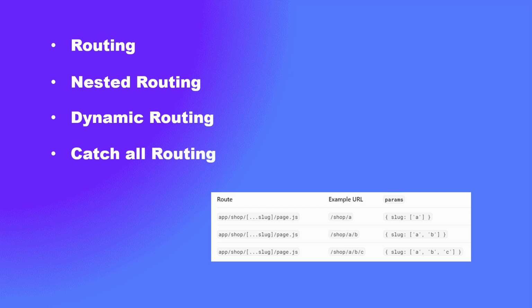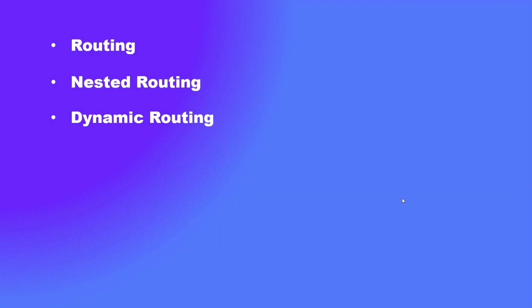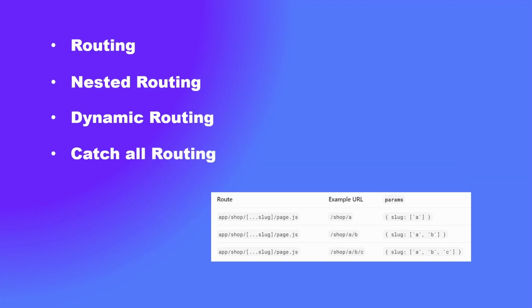Next, we are going to see about catch-all routing. In dynamic routing, you can see here we have only one variable, so we can assign only one value. But in catch-all routing, we are providing the spread operator here, so we can provide any number of values.